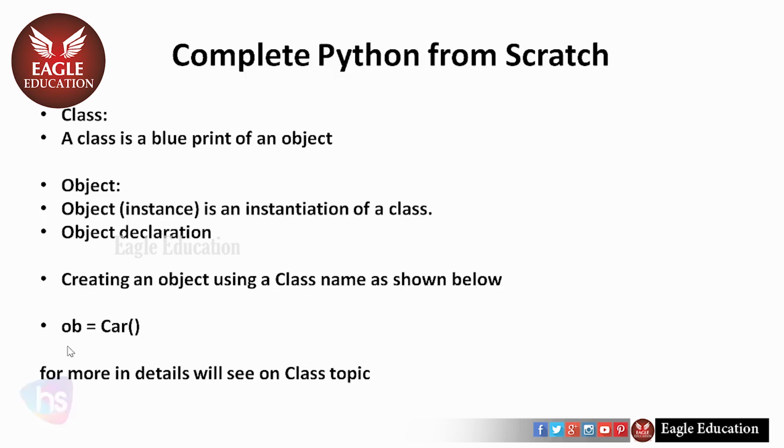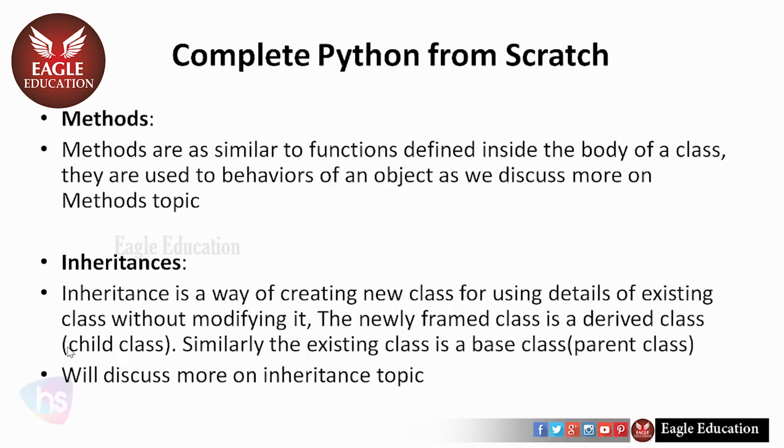Okay. And now, what are methods? Methods are similar to functions, defined inside the body of a class. If we write a function inside the body of a class, it is used for the behaviors of an object, and we call it a method.